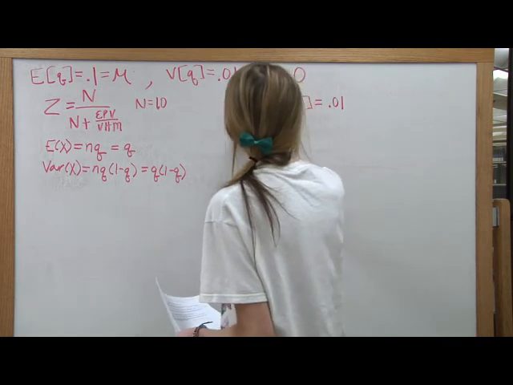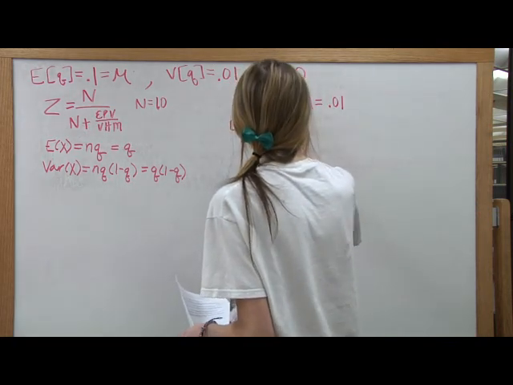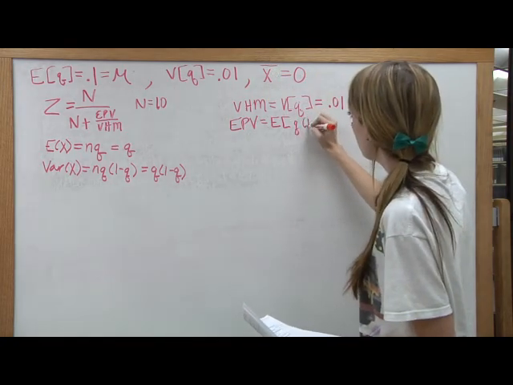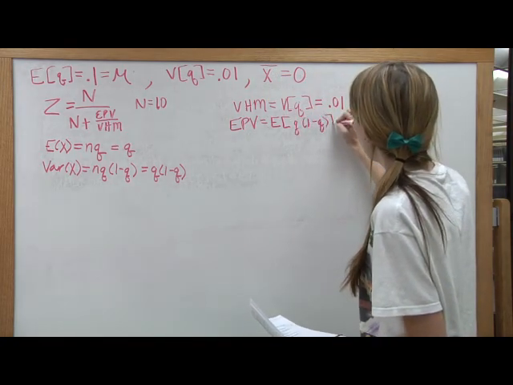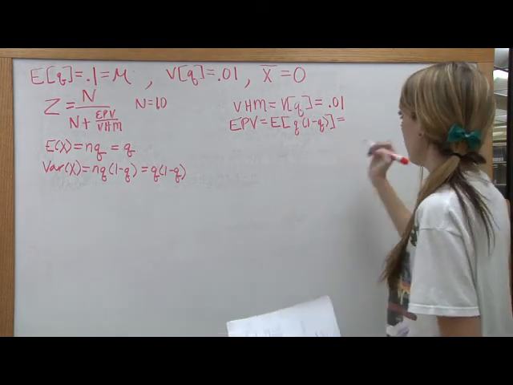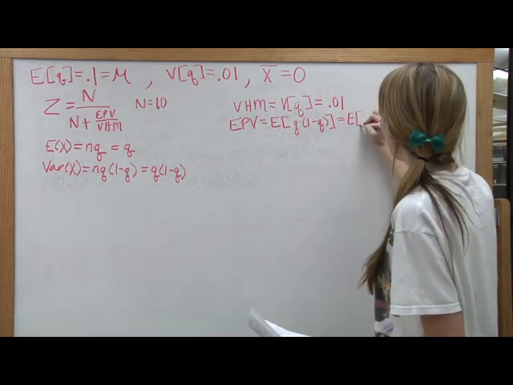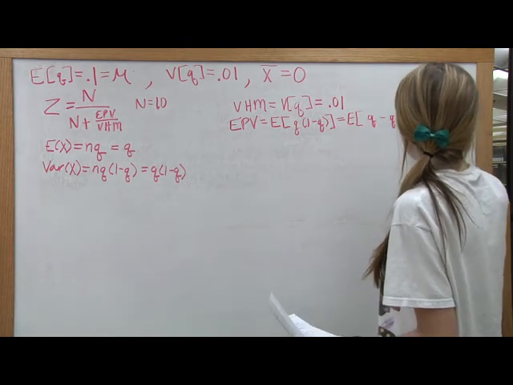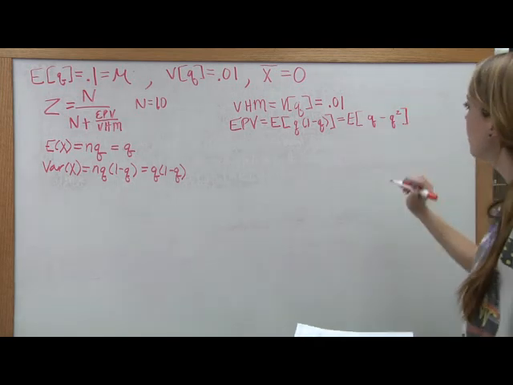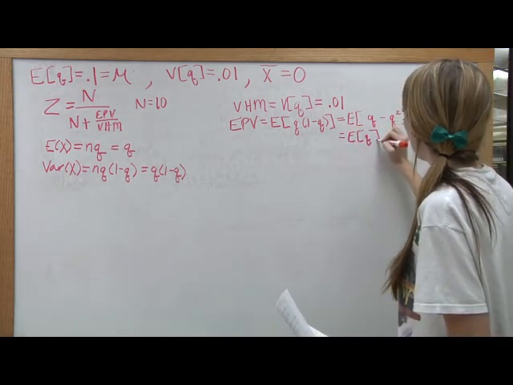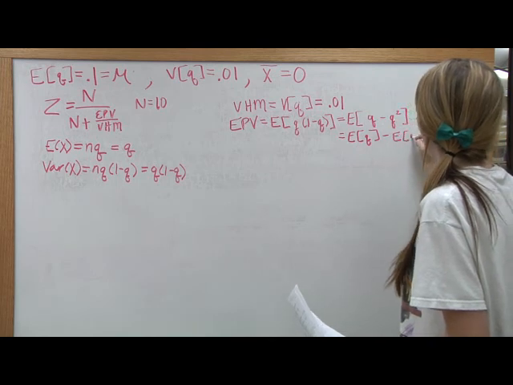So for the expected value of the process variance, we need the expected value of Q times 1 minus Q right here. And we don't know this, so we go ahead and distribute the Q within the parentheses and get this. And since it's an expectation, we can actually separate these.